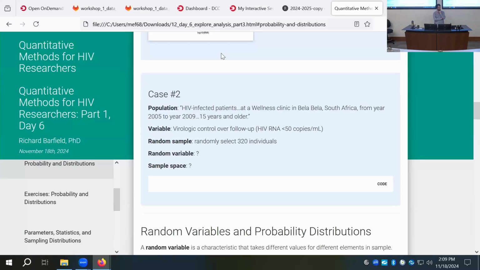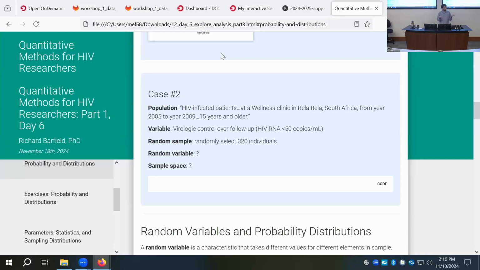What's the random thing? What we're interested in is whether or not these people have a viral load less than 50 over the entirety of the follow-up period. And so what's the sample space then? What are the possible values that random variable can take?